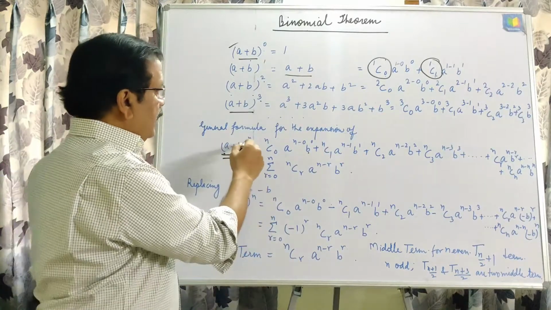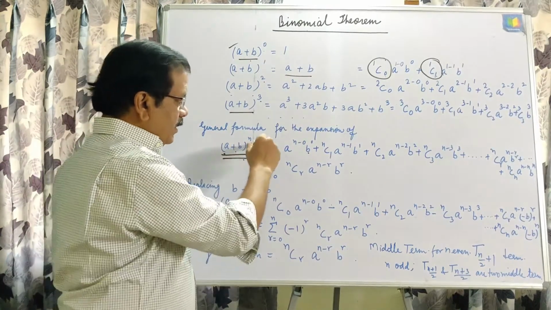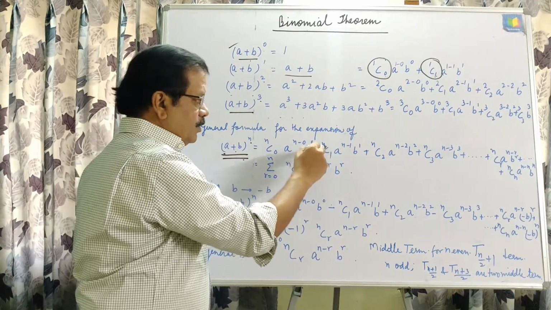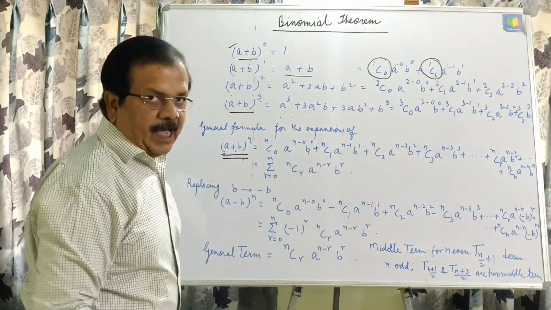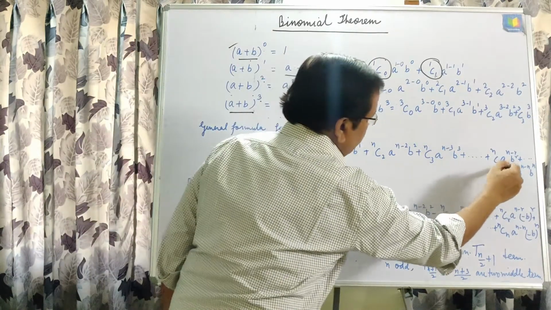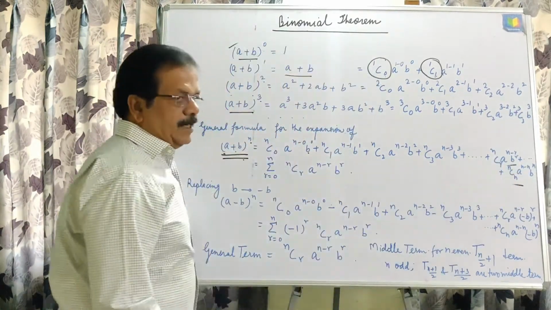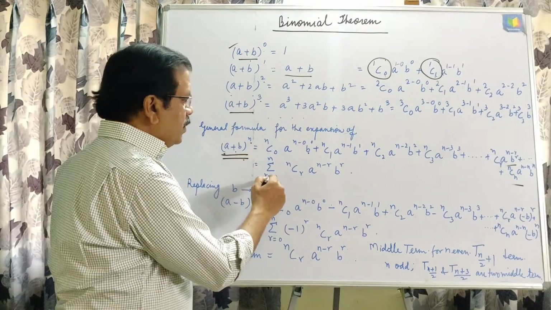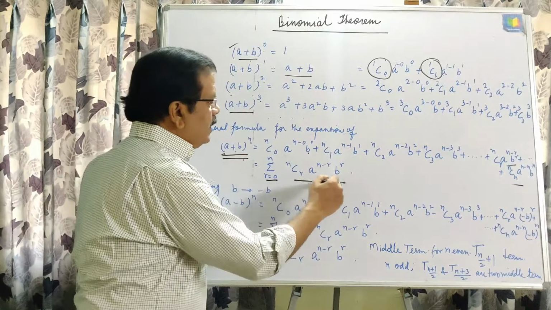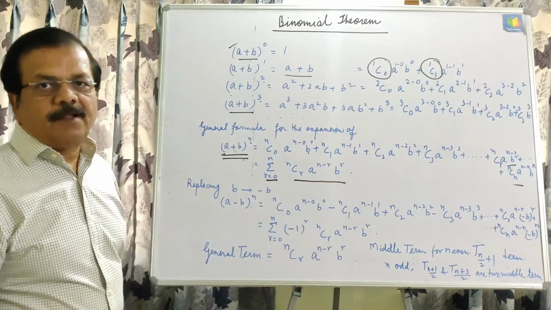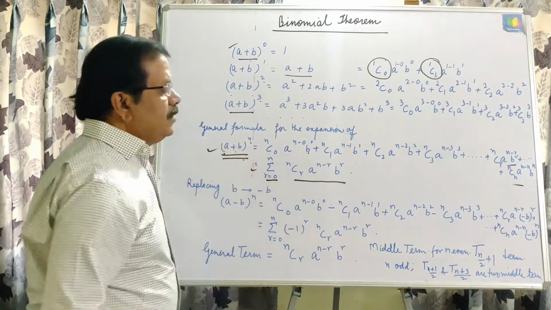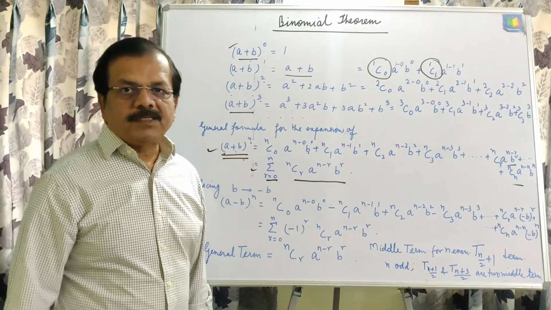In the same way, if we are using n, then nC0 a to the power n minus 0 b to the power 0, and similarly the other terms, the rth term can also be written, and then the nth term. This way, summation of r from 0 to n of nCr a to the power n minus r b to the power r, and this is how we write the expansion of (a plus b) to the power n.